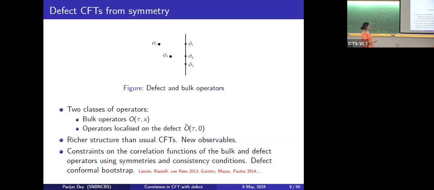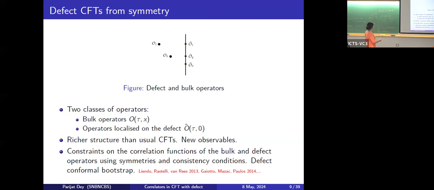So we see that this defect structure has richer structure than usual conformal field theories, because we now end up getting different observables in terms of the bulk and the defect scaling dimensions or other correlation functions. These operators can have a complicated interplay between them, and one can study the constraints on the correlation functions of these defect and bulk operators using just the symmetries and consistency conditions.